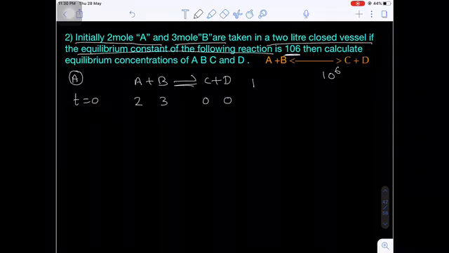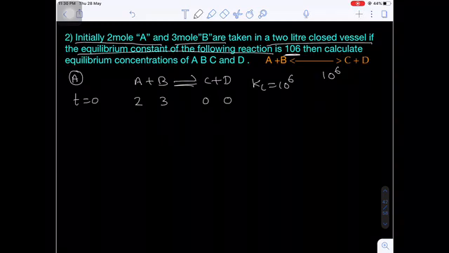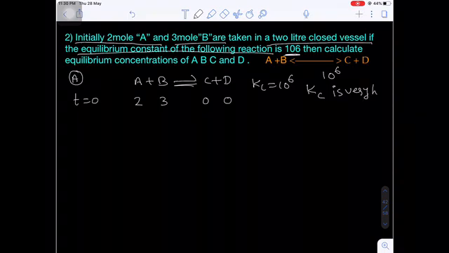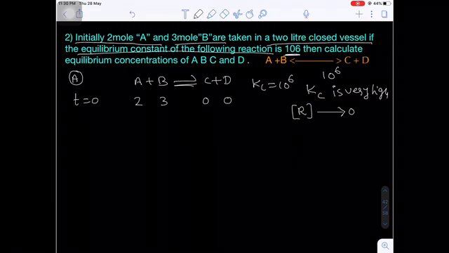What is the Kc given to you? 10 raised to 6. Once again the Kc value is greater than 1000, that is 10 cubed. That means the Kc is very high, so the concentration of the reactants is almost tending to 0. This is a very important assumption.